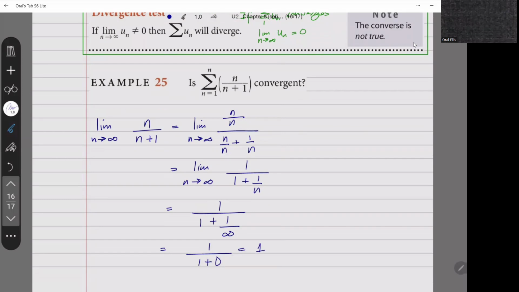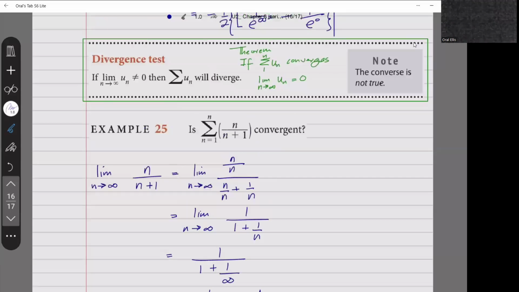So since this did not equal 0, it means that the series is divergent. Because the divergency test says that if this is not 0, it diverges.